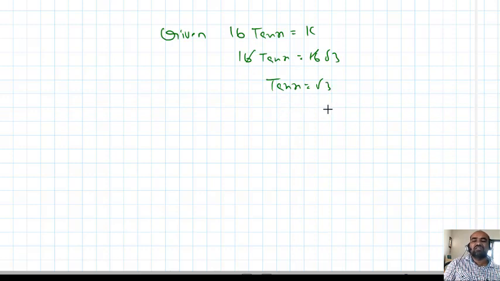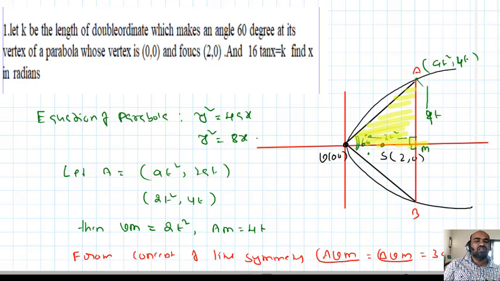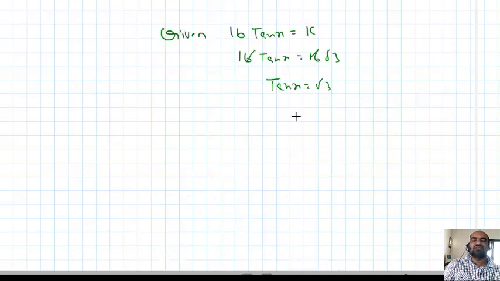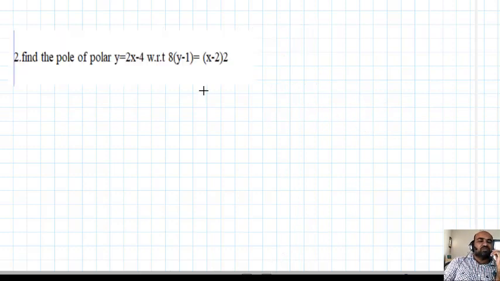Here nothing is mentioned about x, whether acute or obtuse. Assume that x is acute. Now x equals 60 degrees or pi by 3 radians. Okay, next problem.